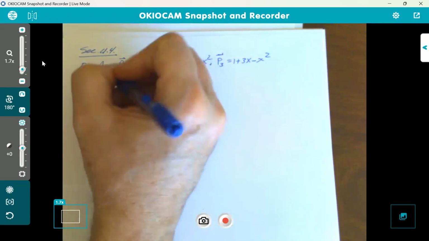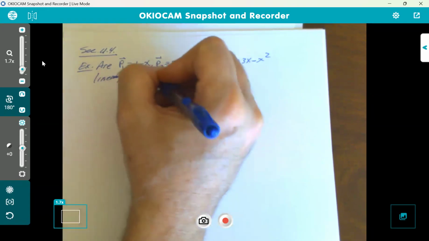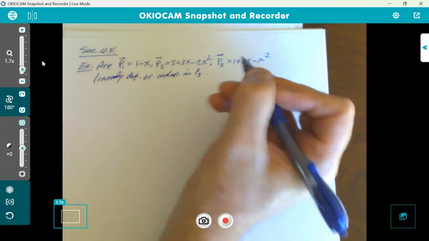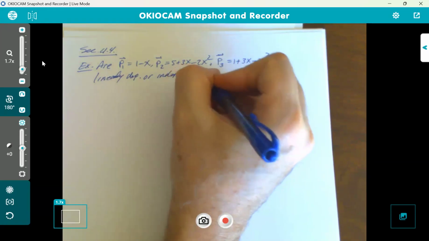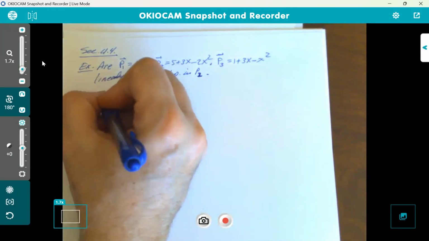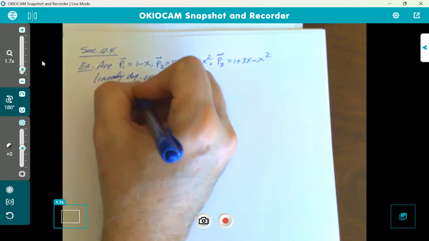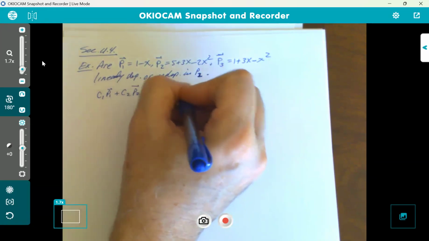Is this set linearly dependent or independent in P2? Okay, so let's do the linear combination c1 P1 plus c2 P2 plus c3 P3 equals 0.